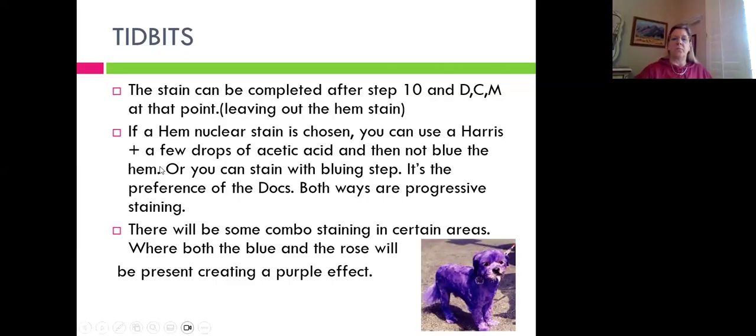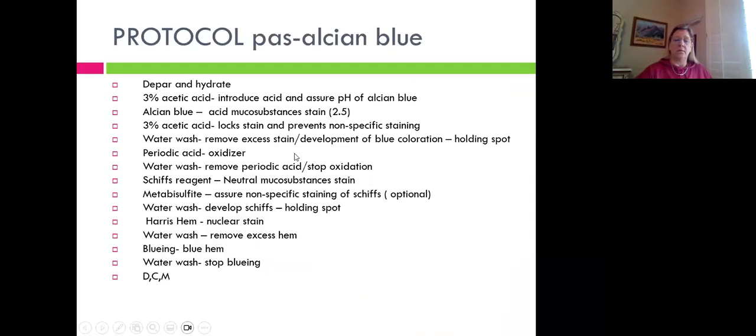Okay. Now you can or cannot blue. Okay, with this, we are running the hematoxylin counter progressively. And so you can, if you go into Harris here and you water wash here, you can go for a longer water wash and utilize this water wash as a bluing step.